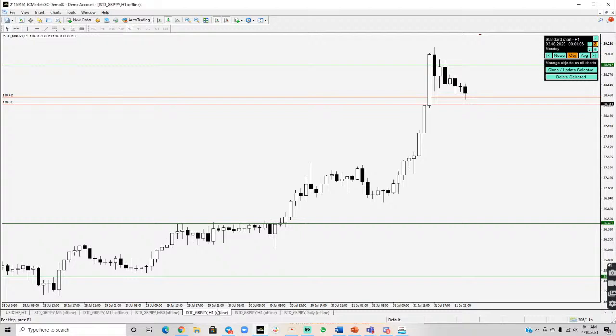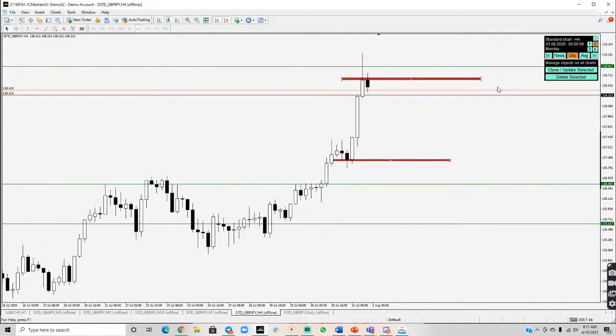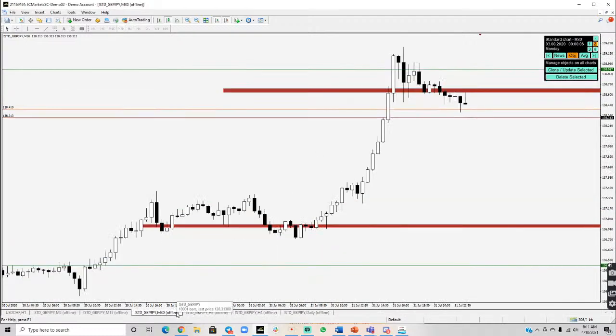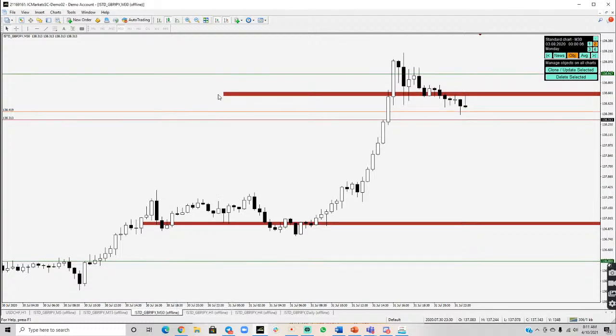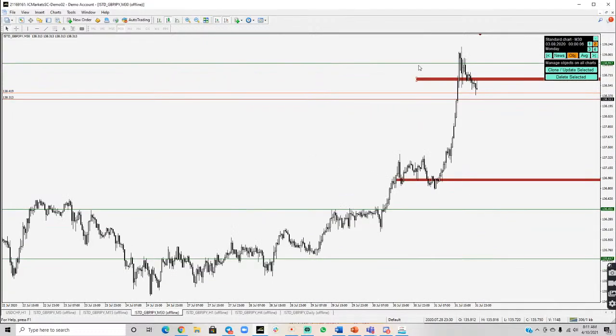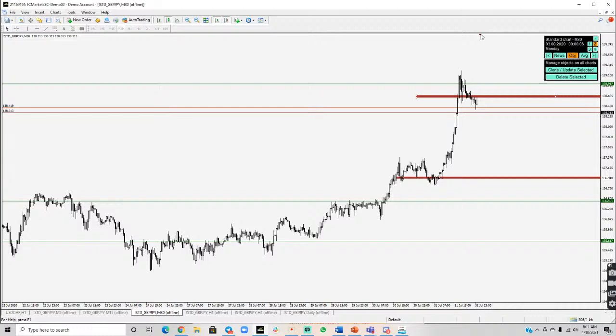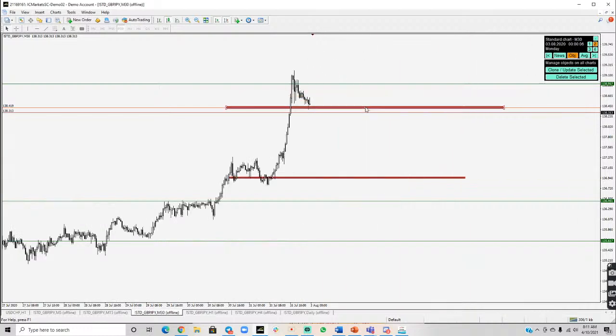Again, what you would want to do is move over to the 1-hour time frame. So I'll move these over to the 1-hour time frame and also on the 30-minute just to make some adjustment. By looking at this on the 1-hour time frame, you can see that we actually have a resistance here on the 1-hour time frame that is in line with the daily time frame.